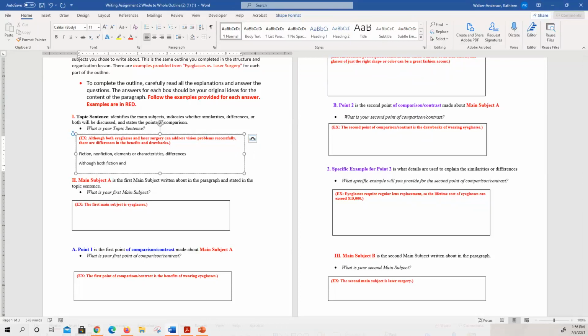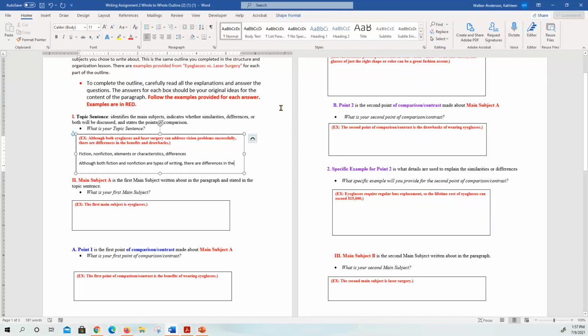Fiction and nonfiction are types of writing, because they both are, so that works. I'm following the structure of the example. There are differences in their elements and characteristics.